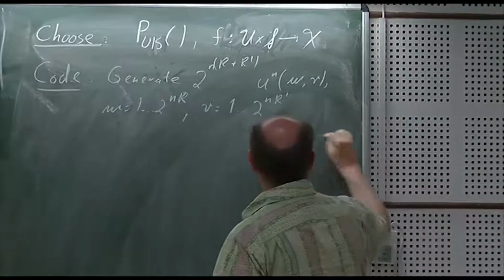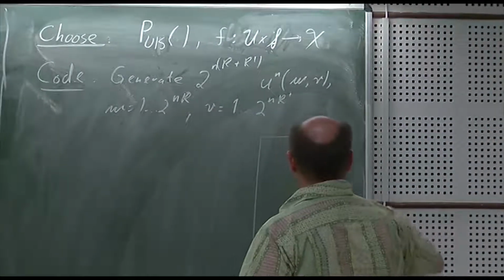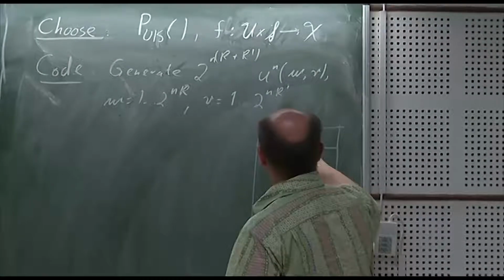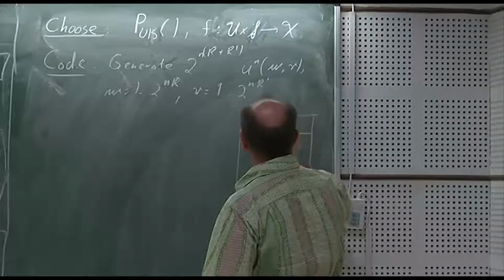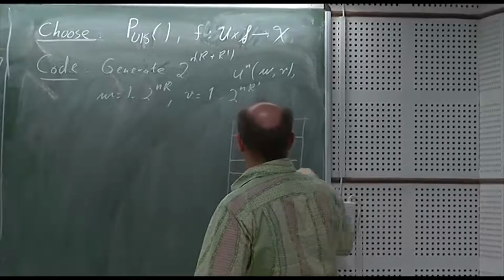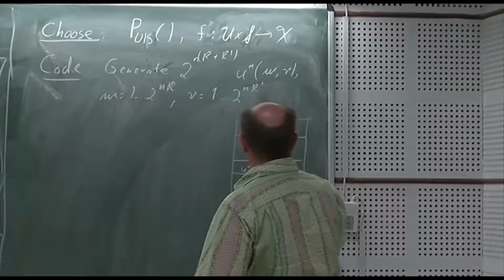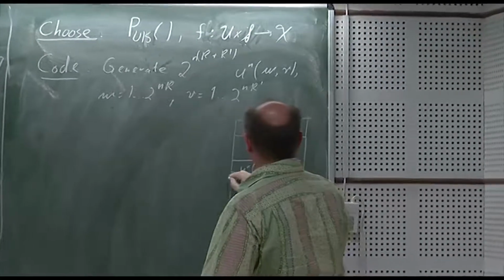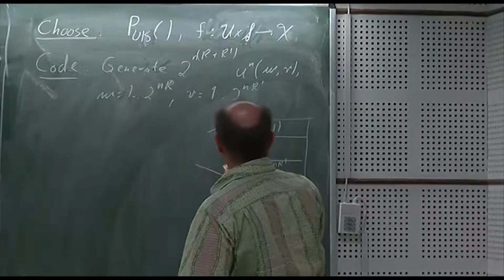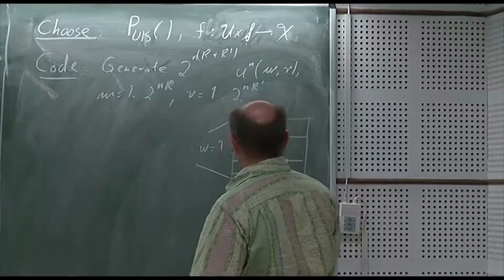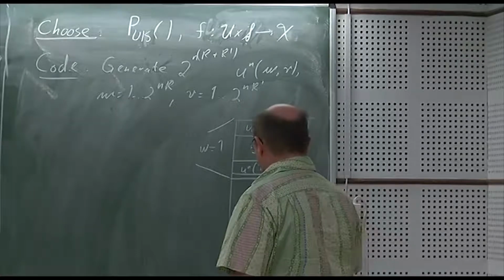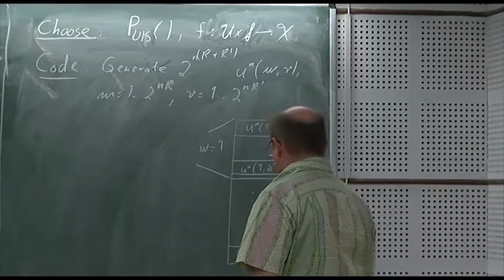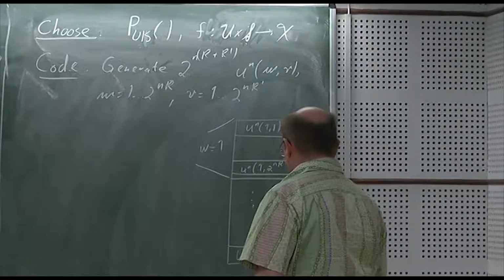So let me draw it, just again to help visualize what's going to happen in a moment. So this is u^n(1,1), u^n(1,2) up to u^n(1, 2^{nR'}). So here's our first bin, w equals 1, and so on, up to 2^{nR}.